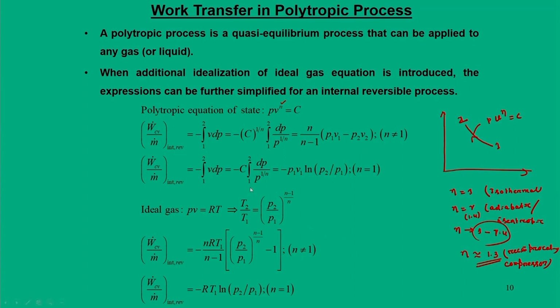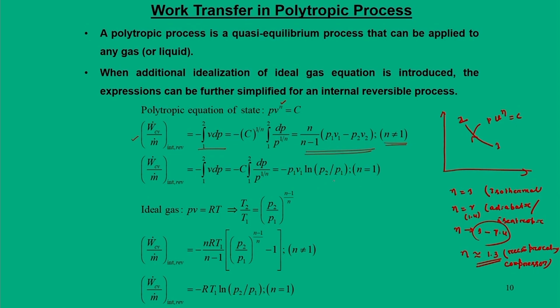But anyway, our main intention is to quantify the work transfer for two situations. One is the internally reversible work, which is represented as the integral of V dP. When n is not equal to 1, it is represented in this form: n by n minus 1 times (P1 v1 minus P2 v2).